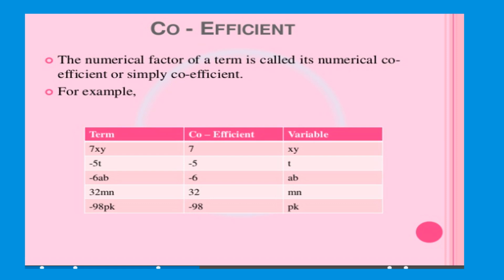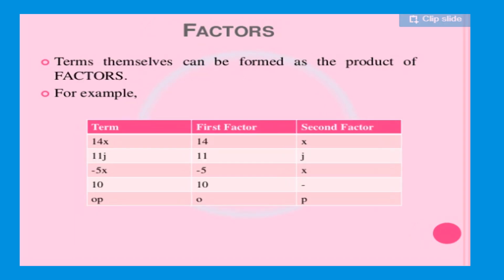Minus 6ab: minus 6 is the coefficient and ab is the variable. 32mn: 32 is the coefficient, mn the variable. Minus 98pk: minus 98 is the coefficient, pk the variable. So the constants are being separated from the variables. So, this becomes the numerical coefficient.